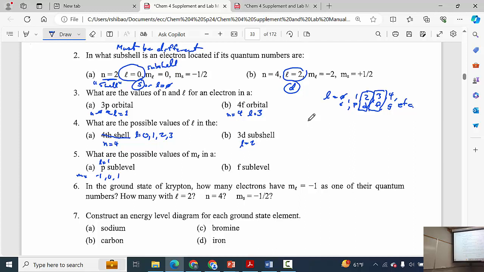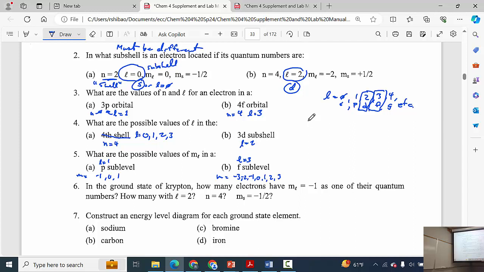When we're in the f subshell, what's my L value? 3. And therefore, my m values are going to go from -3, -2, -1, 0, 1, 2, 3.